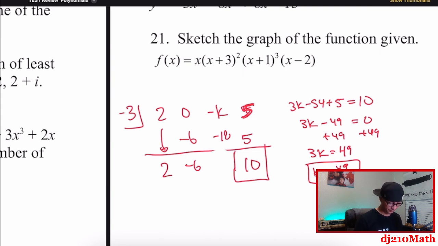That means 3 times something needed to be 5. So negative k plus 18, that number would have gone right here. This times 3, negative 3, should equal 5.